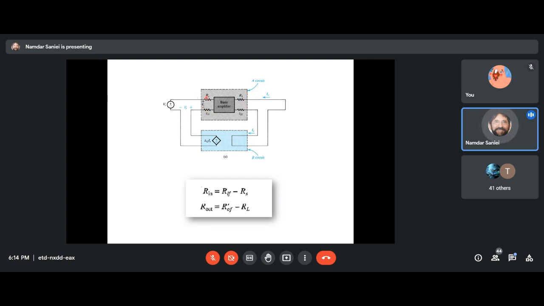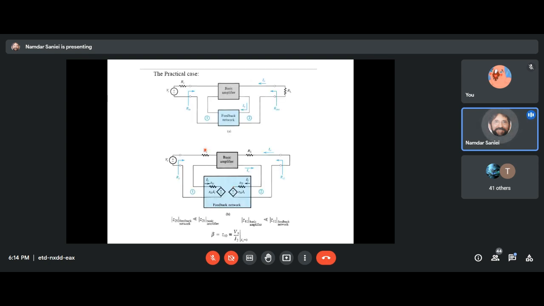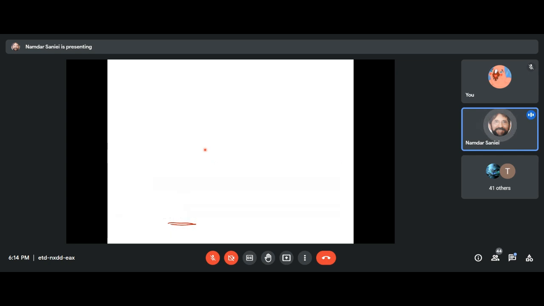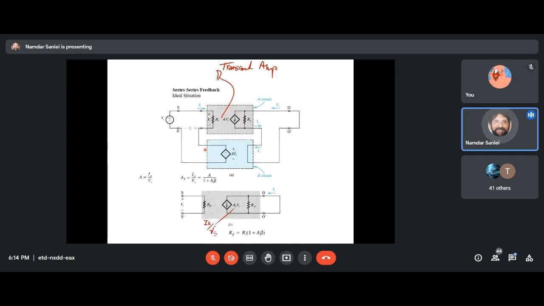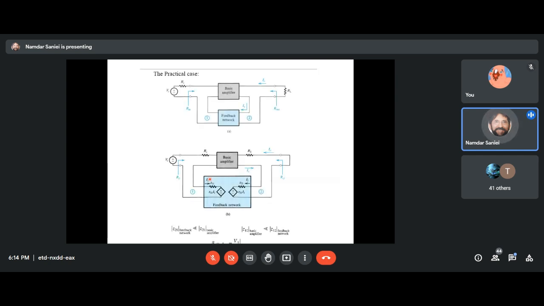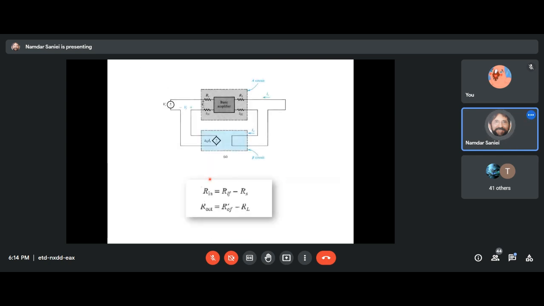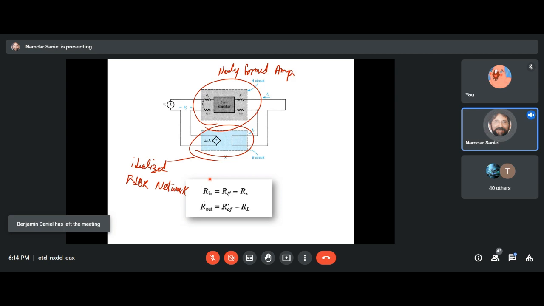Now, the new amplifier that we have contains RL, RS, R11, and R22. Okay? So when we follow the same things that we learned here, output resistance, input resistance, and the gain, for this idealized type of a network that we have. Right?